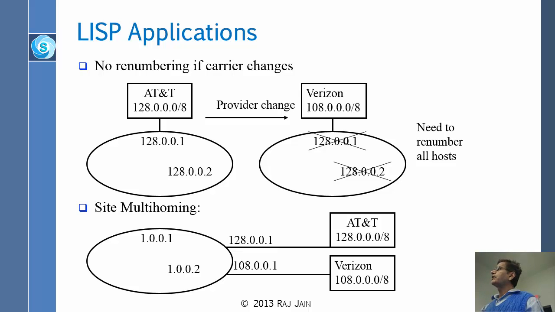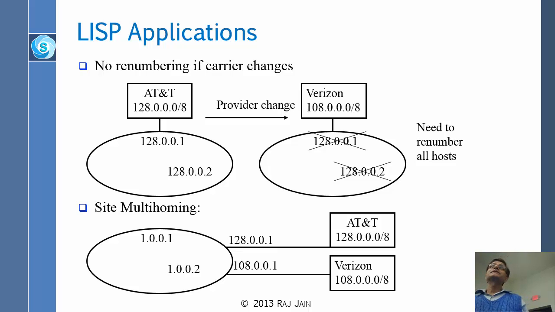Now you can do this very easily with LISP, but before, everybody had to advertise, and it was very difficult for AT&T to advertise Verizon's address, saying that you can also reach the same site by 108, and for Verizon to advertise AT&T's address. So this was causing a lot of problems, because when people moved they had a problem, and when they were multi-homed, the other companies had a problem advertising their location.